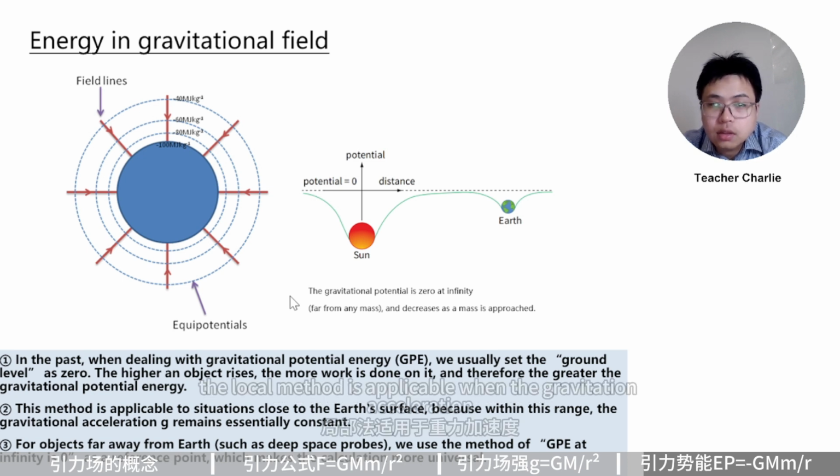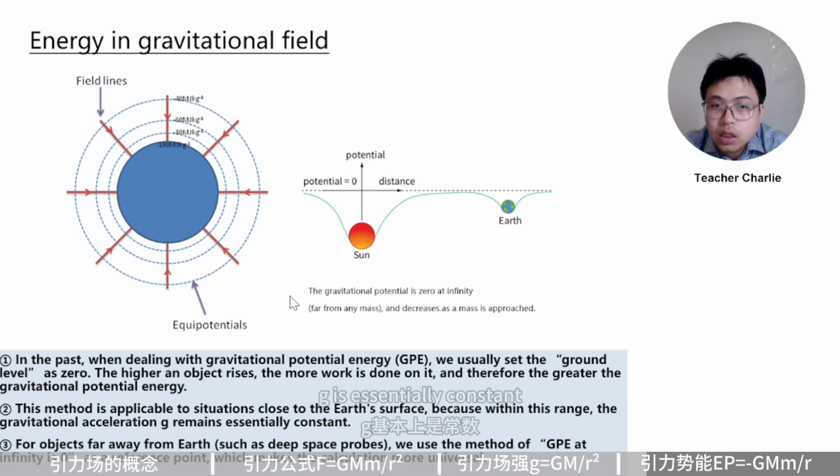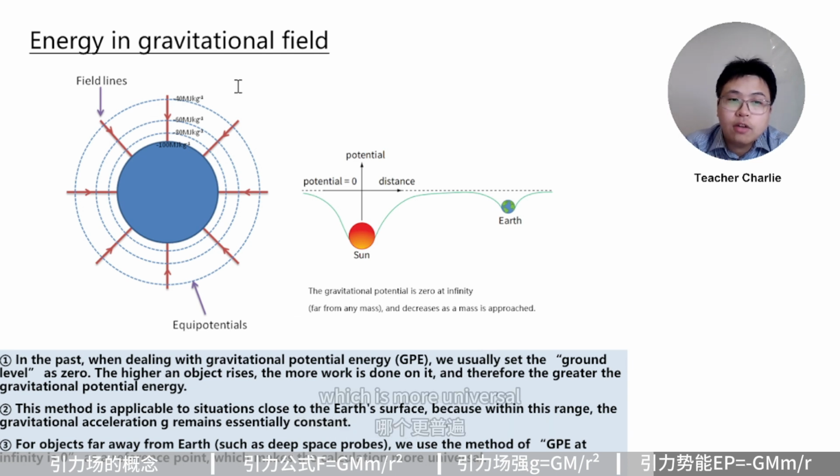The local method is applicable when the gravitational acceleration g is essentially constant, whereas distant objects such as deep space probes use infinity as the zero reference for GPE, which is more universal.